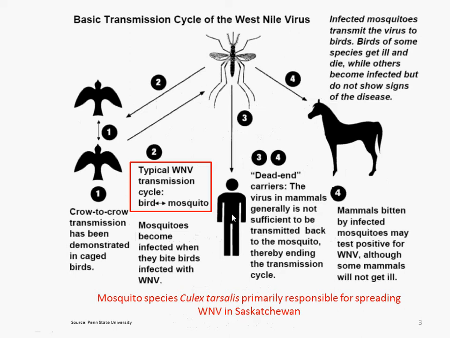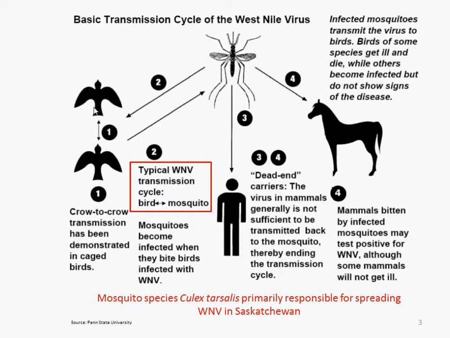But they are infected by mosquitoes, and the reason mosquitoes are infected is typically because they've bitten some reservoir species. In this case, what's shown as birds, which is believed to be the dominant one here in Saskatchewan, although there are others that are believed to play some role.